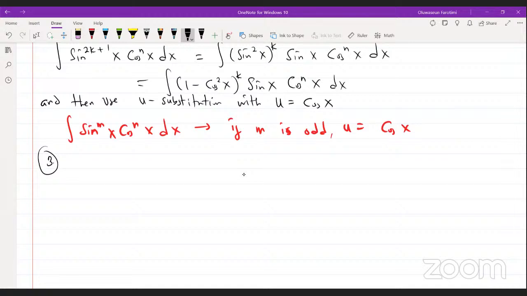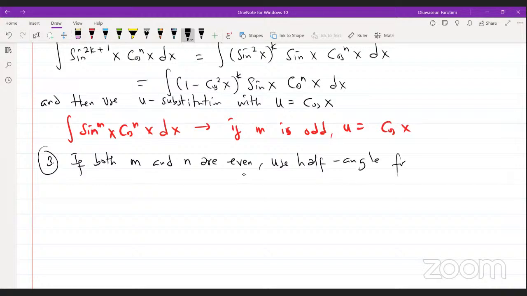In the third case, we have case 3. If both m and n are even, what do you do? We're going to use the half angle formula, okay? Do you guys remember the half angle formulas?